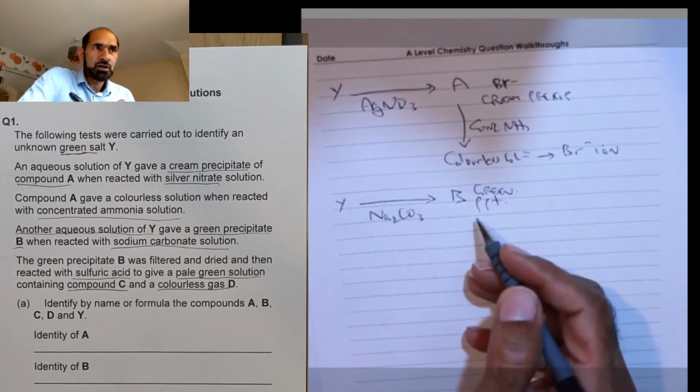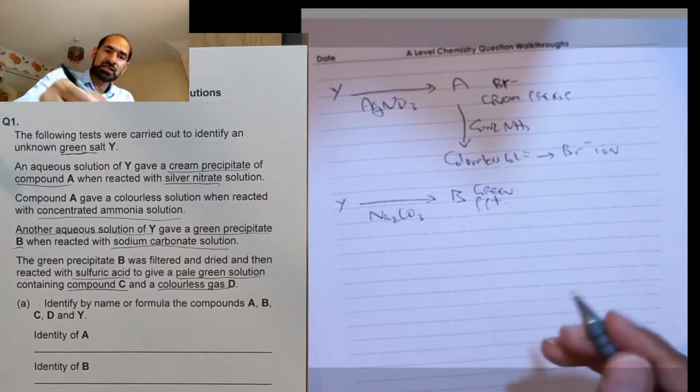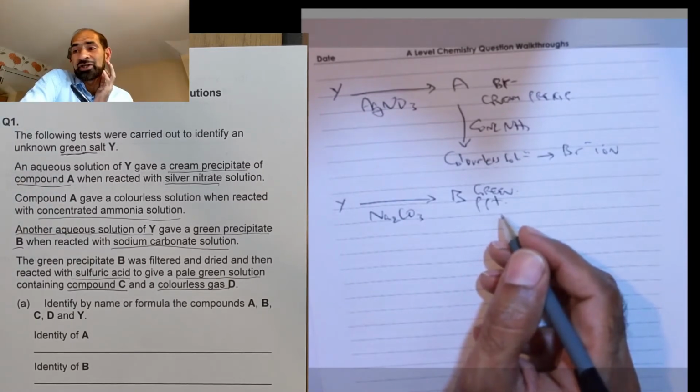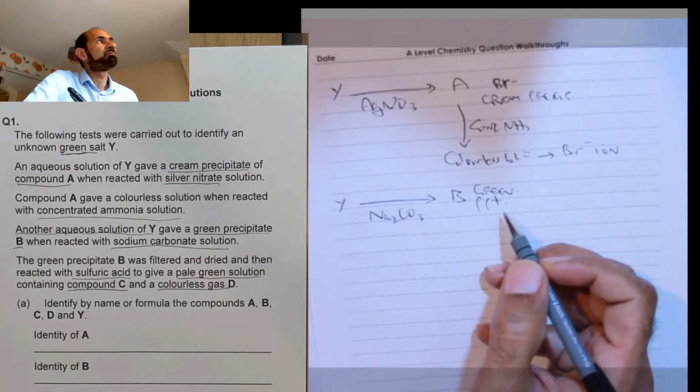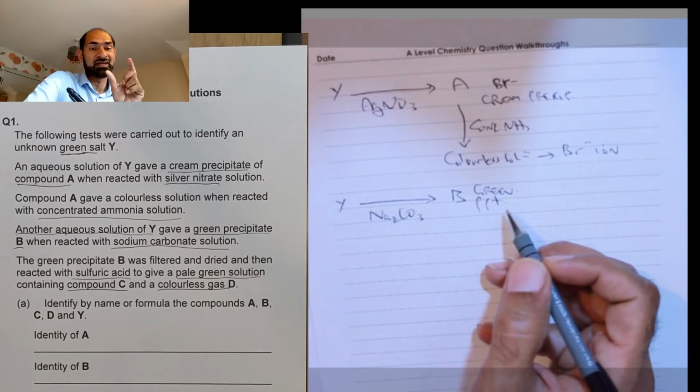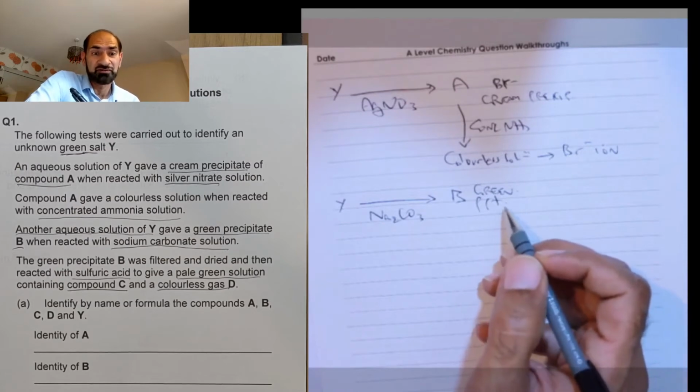Now what you should have known is that a green precipitate at this point is in those summary sheets. If you haven't learned it, then you're going to struggle to find what that is.